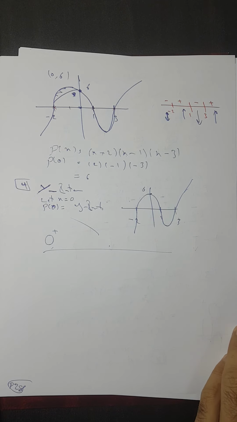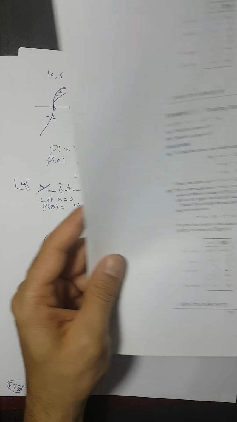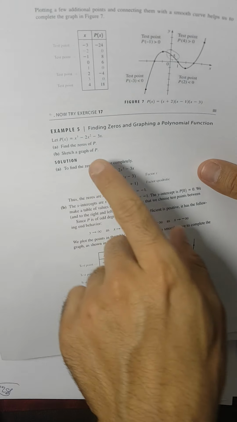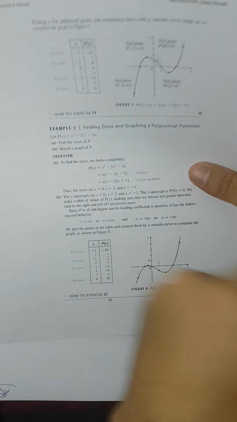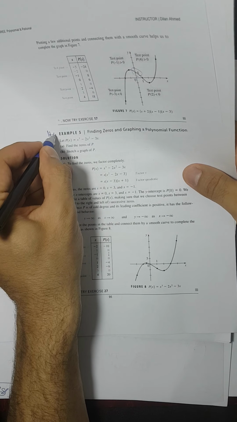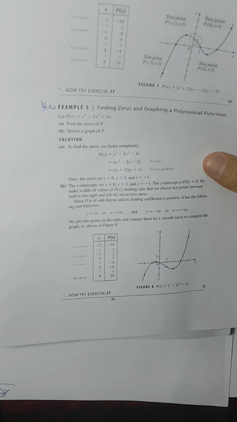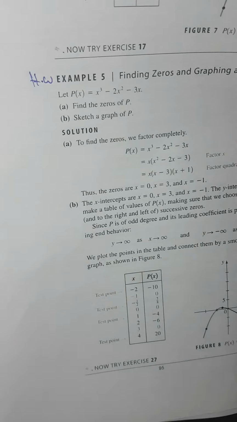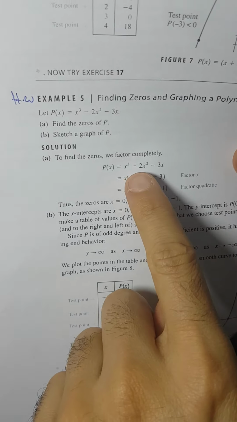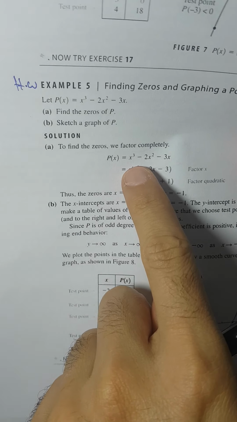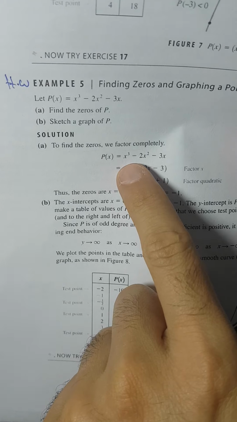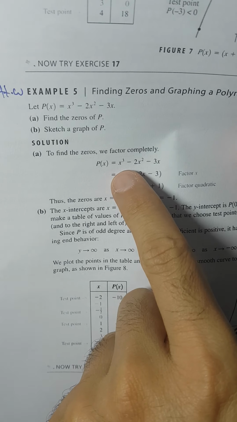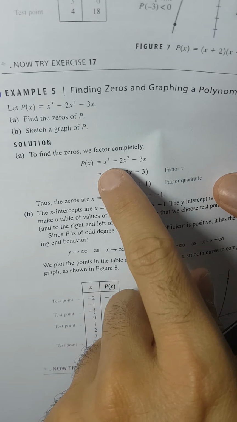Now we have another example, example number 5. I will leave it for you as homework, because it is the same as example number 4, but the difference is that you should add one step, which is factoring this polynomial or function.